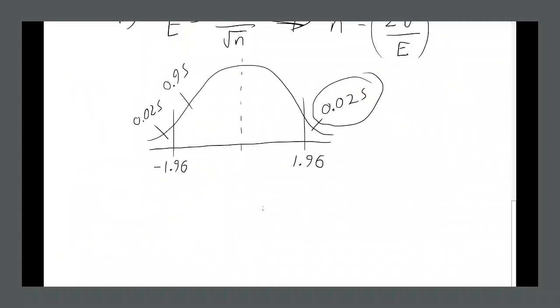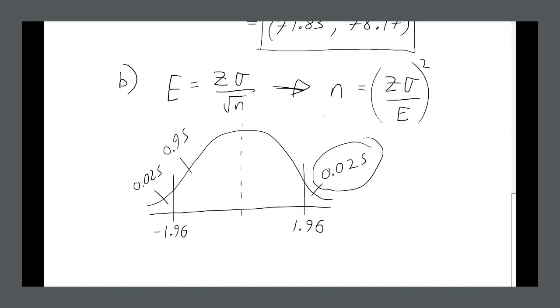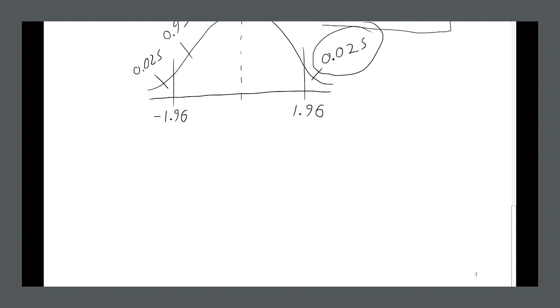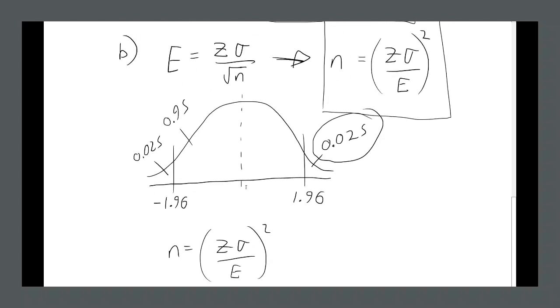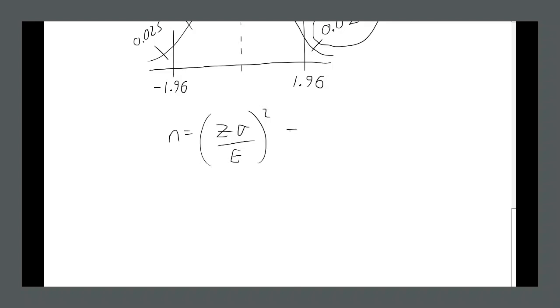So now we have everything we need to find the sample size. So n equals Z sigma over E, squared. Same formula right here. We have our Z value, 1.96.